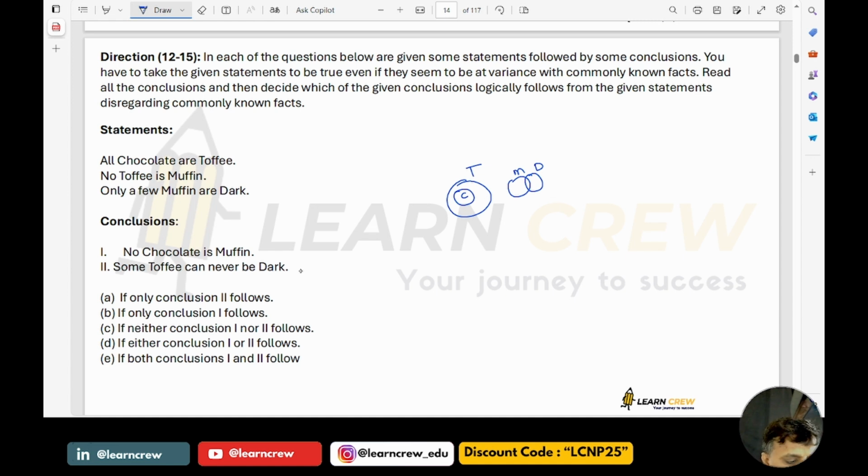Now, no chocolate is muffin. It is correct. Some toffee can never be dark is wrong, because they can. So answer is only one follows.